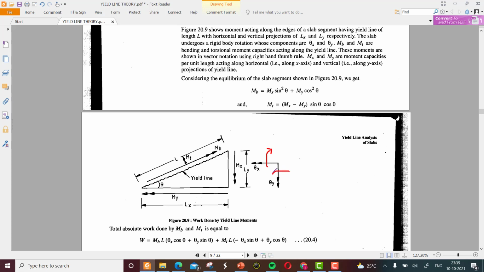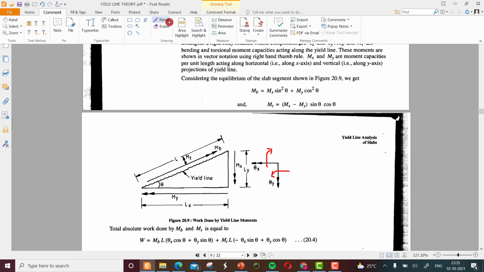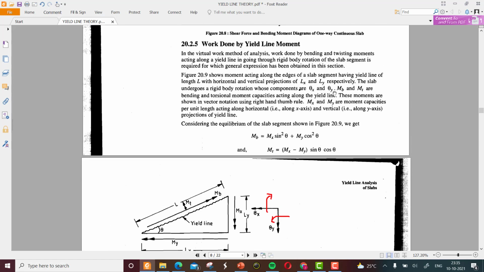The same thing is applicable to this triangle also; it will be in the direction perpendicular to this direction. So we know what theta x and theta y are, and their direction of action.